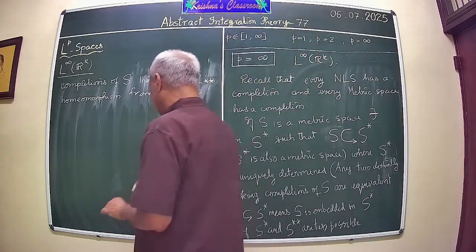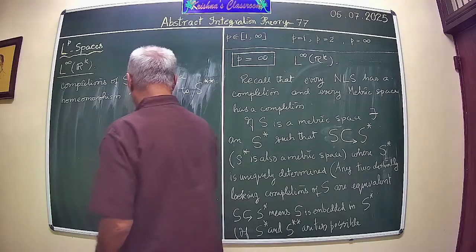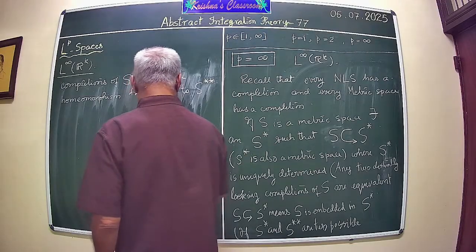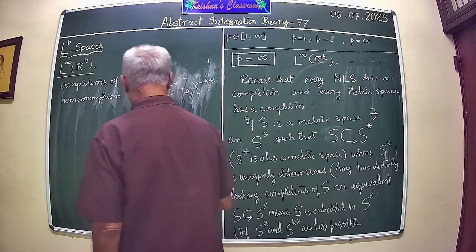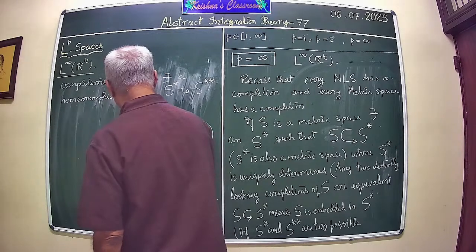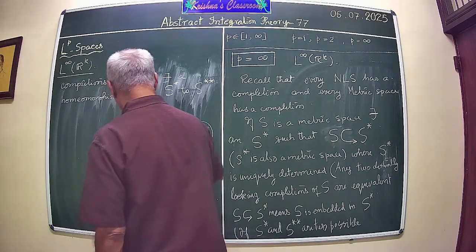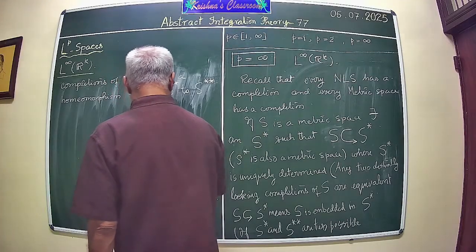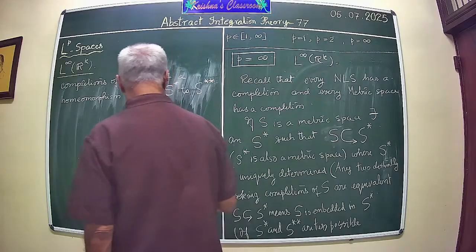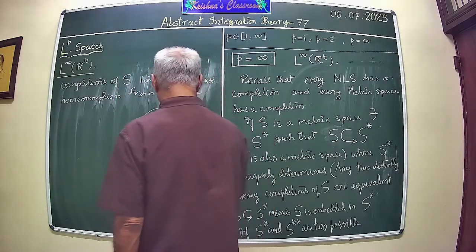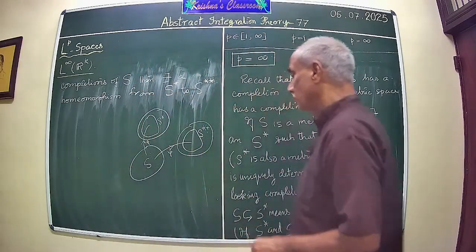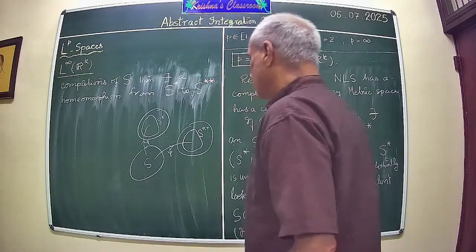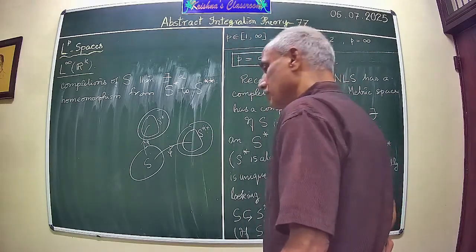So you have S here, S star here, S double star here. This is F. Now you have a replica of S here. So there is a replica of S here also obtained by a one-to-one continuous map.